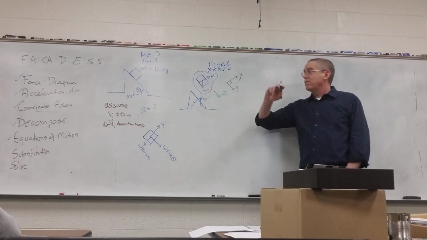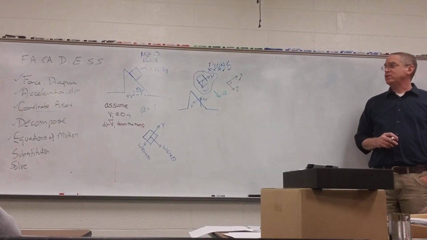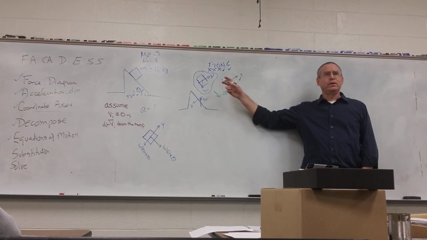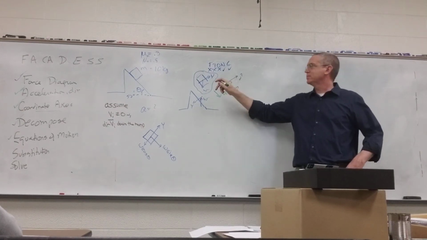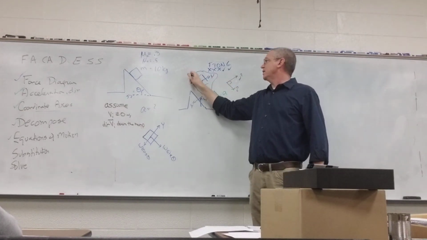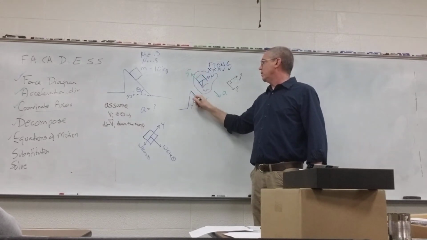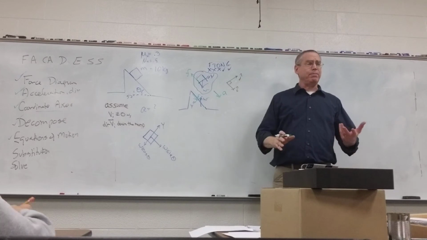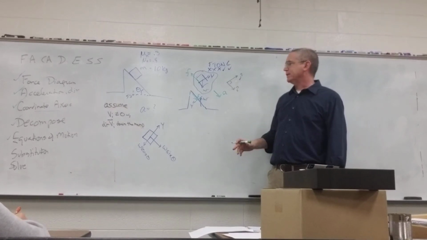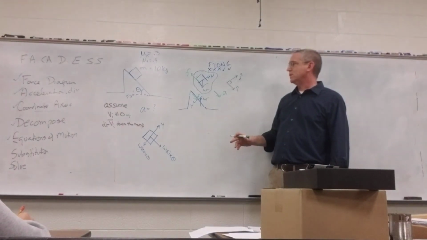All right. Force diagram. What changes in our force diagram? Friction. Which way is friction acting on the box? The friction is acting this way, up the ramp. So we still break weight up into components.